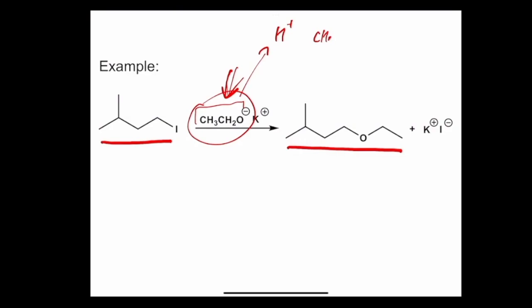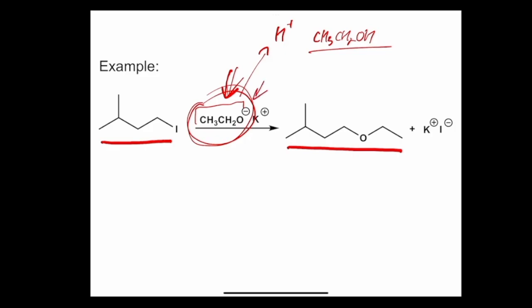It would be CH3CH2OH. What's that called, 2 carbons as an alcohol? IUPAC name is? Ethanol. Do you know what that would be called as an O- species? Instead of ethanol, what do you call it? Ethanoate, yeah? It's an alkoxide. So this is an ethoxide, or an IDE type ending. This is our nucleophile.